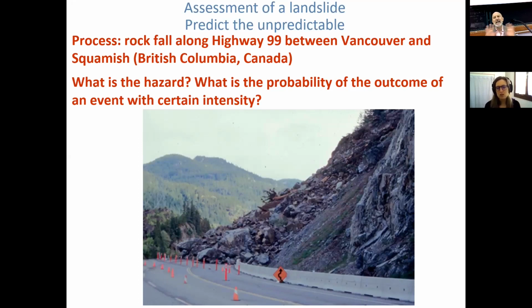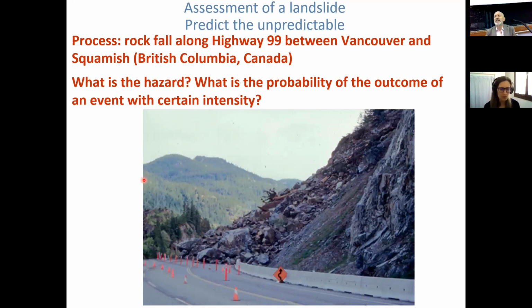I will give you an example, very simple, in order to give you the idea of the importance of monitoring. Consider this phenomenon, rockfall of debris and rocks along a highway. We are in the western part of Canada in British Columbia, along a highway called Highway 99 between Vancouver and Squamish.